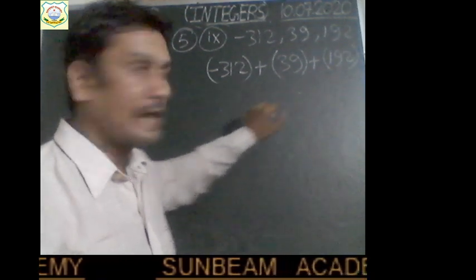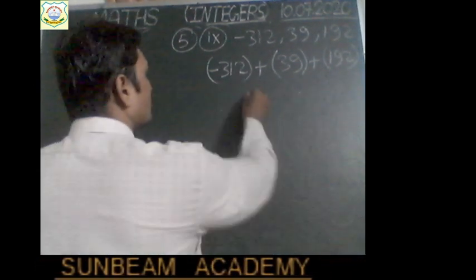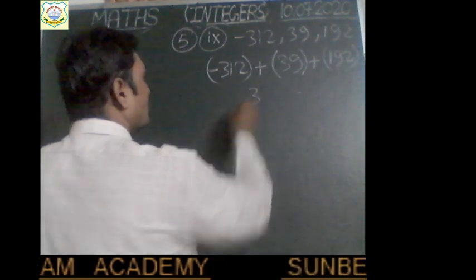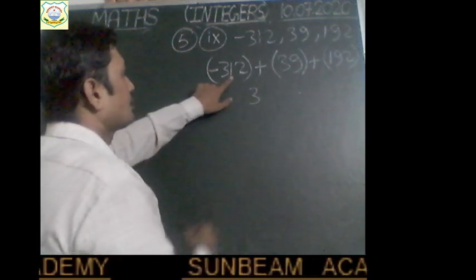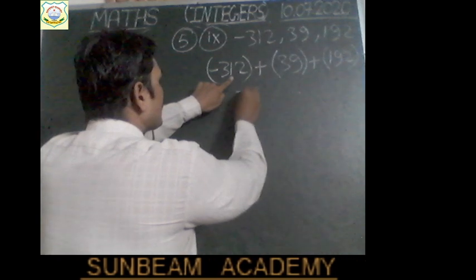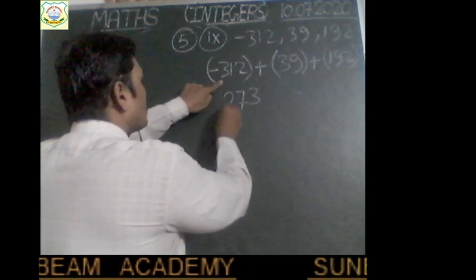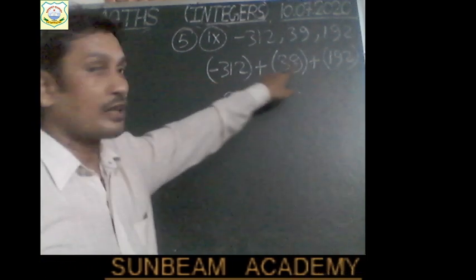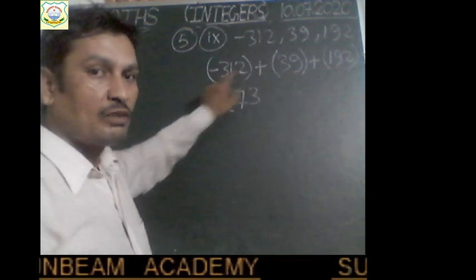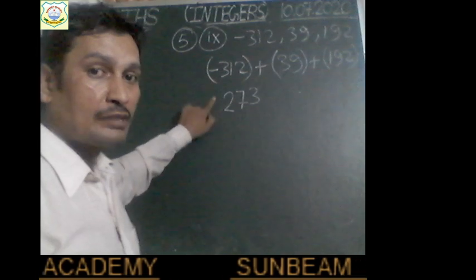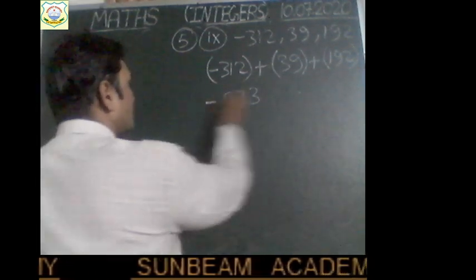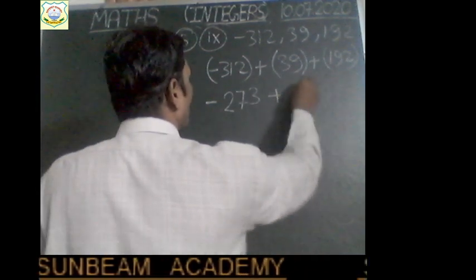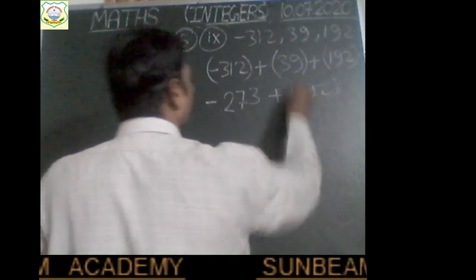Right? So subtract 12 minus 9 will give 3, and it becomes 10. 10 minus 3 will give 7, and it will become 2. 273. And 312 is greater than 39. So we will use sign of 312, that is minus sign. Plus 192.